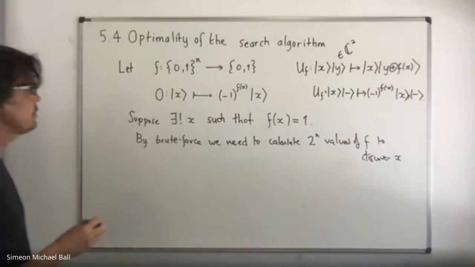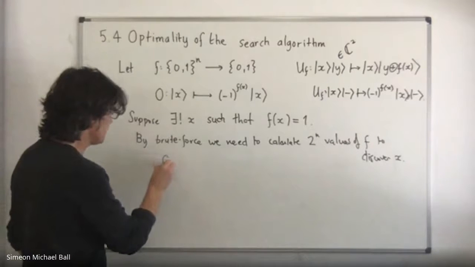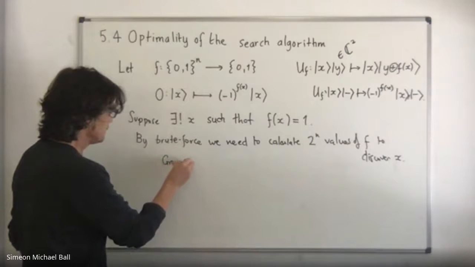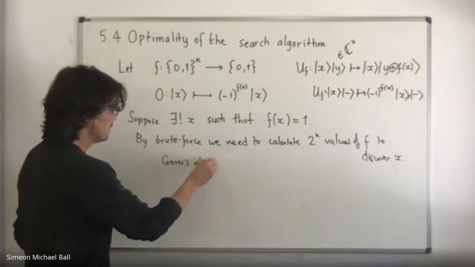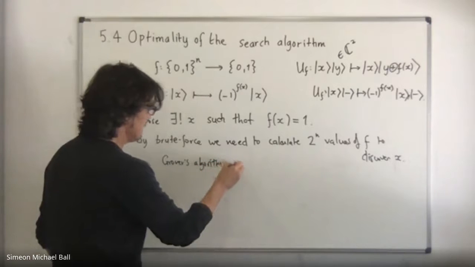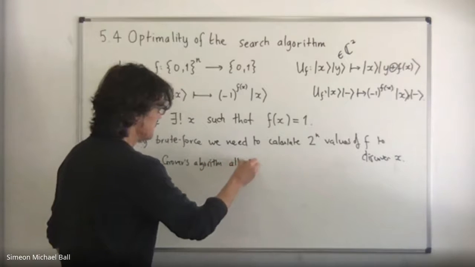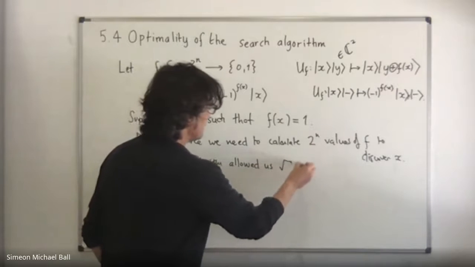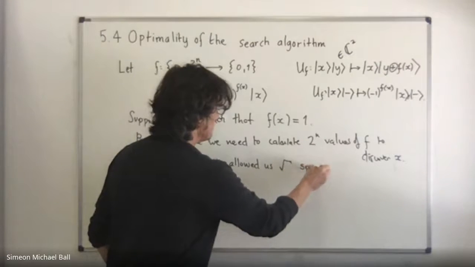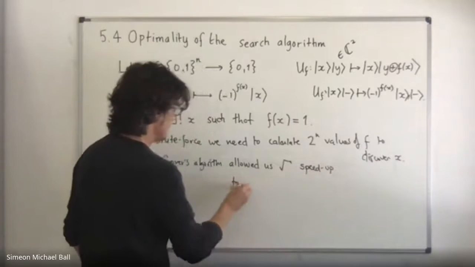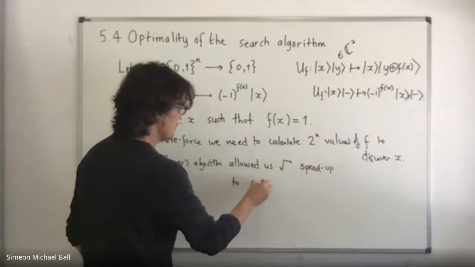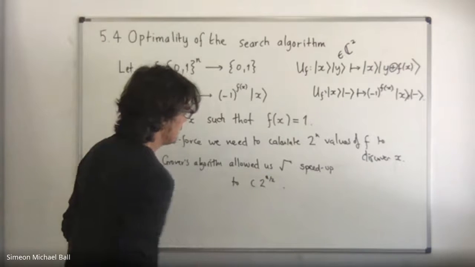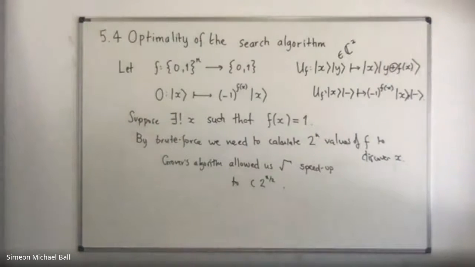And we saw that Grover's algorithm allowed a square root speed up to some constant times 2^(n/2).